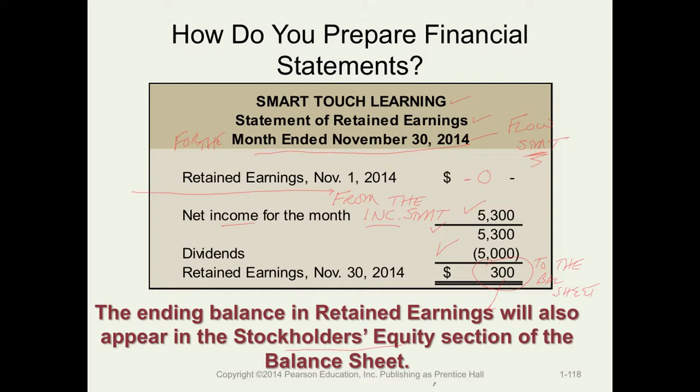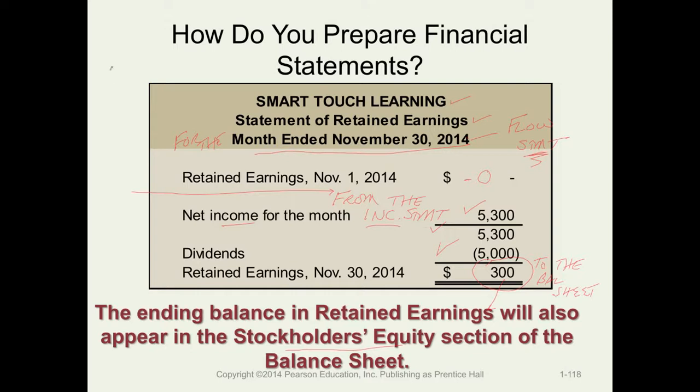And again, the articulation, the idea that the statements articulate, we'll say this again in several cases, that we've got the information from the income statement going to the statement of retained earnings, and then the ending retained earnings balance will go on the balance sheet.